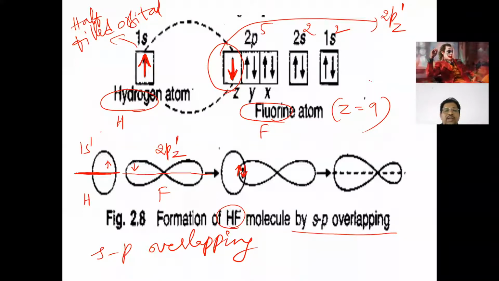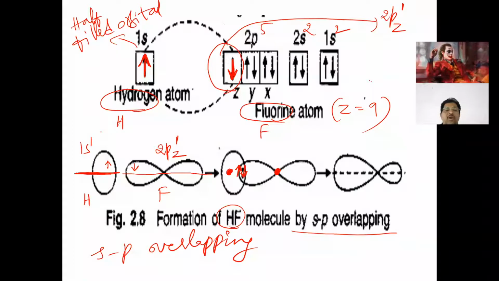This electron pair is called the shared electron pair between the two atoms. This is the fluorine nucleus and this is the hydrogen nucleus. So between the two nuclei, the two electrons, the shared electron pair or bond pair, are held.